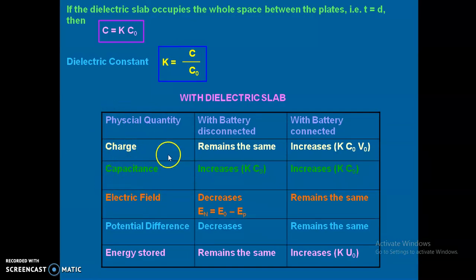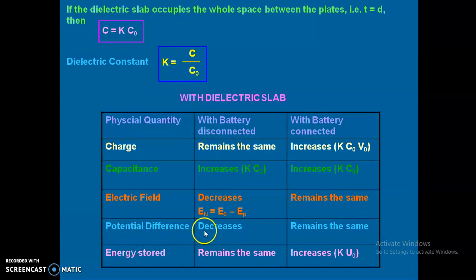Number 1, charge. With the battery disconnected, charge remains the same, but when the battery is connected, it increases by a factor K, it becomes K C naught V naught, because Q is equal to CV. Capacitance increases by a factor K, K C naught, both when the battery is disconnected and when it is connected. Electric field decreases when the battery is disconnected, but when the battery is connected, the electric field remains the same.